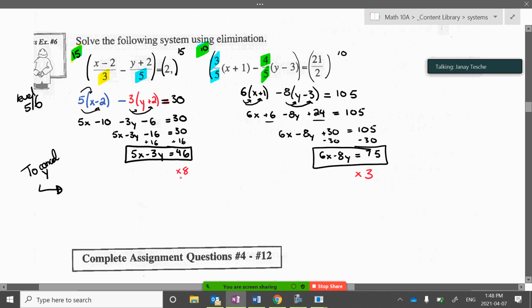So this 5 times 8 would give me 40x minus 24y. 46 times 8 is 368. Again, I don't expect you guys to do that without a calculator. I mean, you can, but I don't expect it.